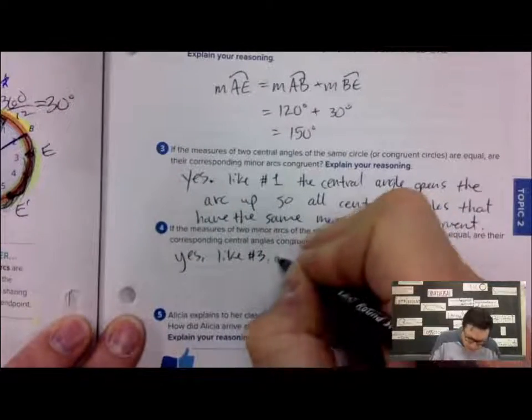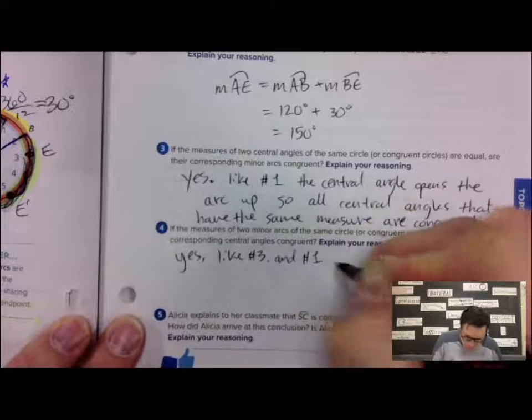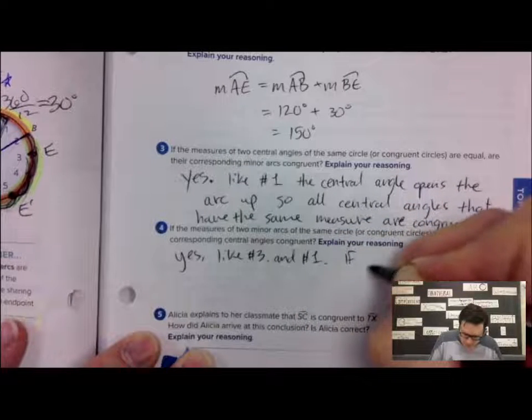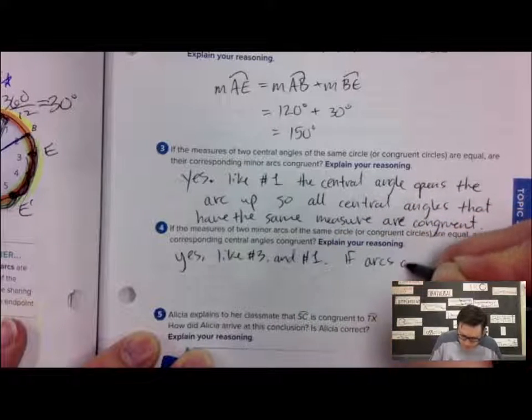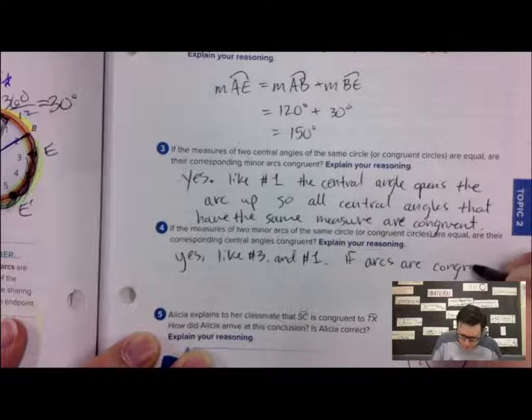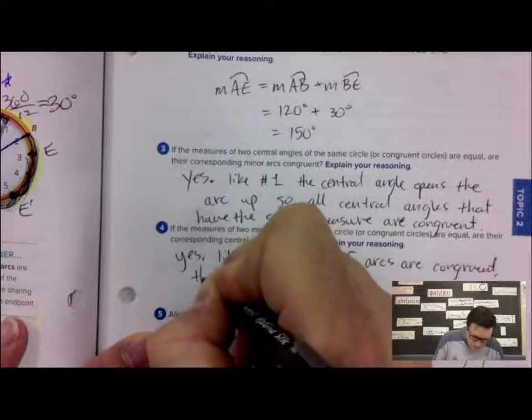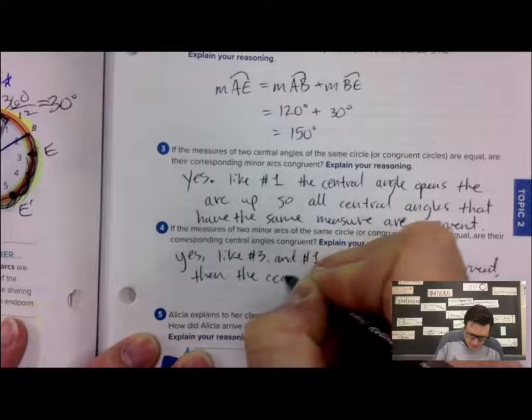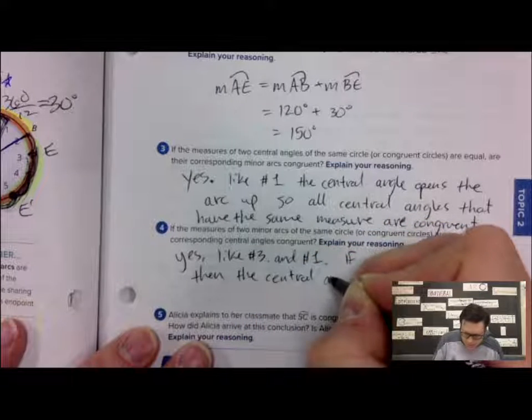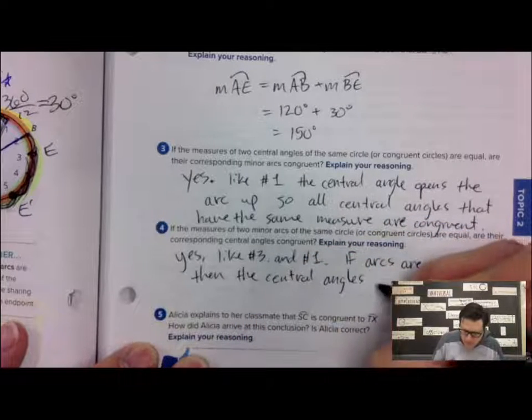Now, like number 3 and number 1, if arcs are congruent, then the central angles that create those arcs must be congruent.